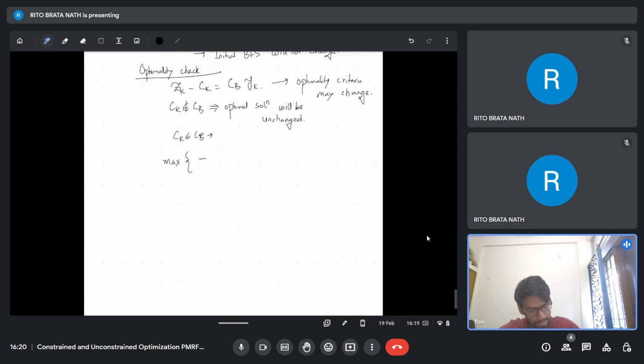If your delta ck is in this range, your variable values and everything will not change. And Z star will improve by delta ck times xk. So that's the idea of this first one.